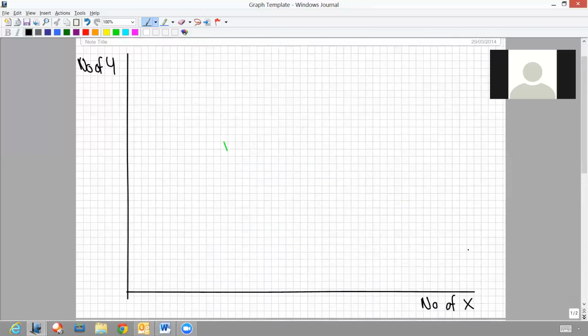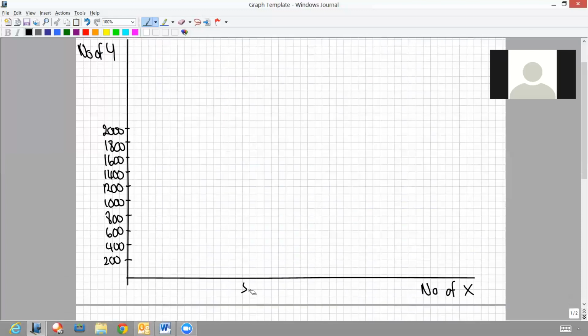So now you need to populate your graph. So we're going up to 2,000 on our y-axis. So we'll go up in twos: 2, 4, 6, 8, 10, which is 200, 400, 600, 800, 1,000, 1,200, 1,400, 1,600, 1,800, 2,000.